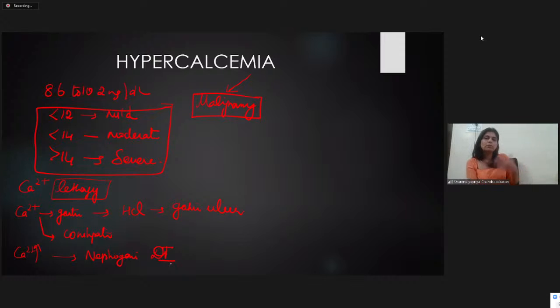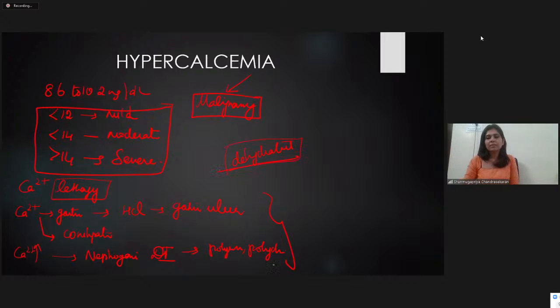So they present with polyuria, polydipsia, dehydration. Most hypercalcemic patients present dehydrated. Why dehydrated? Because there is nausea, vomiting, and there is polyuria, polydipsia. So because of this, they are mostly dehydrated.